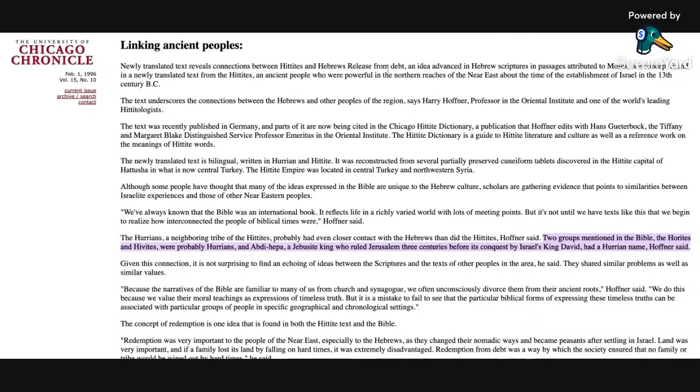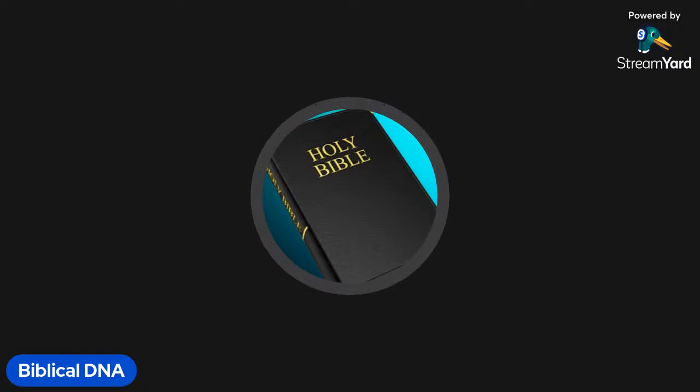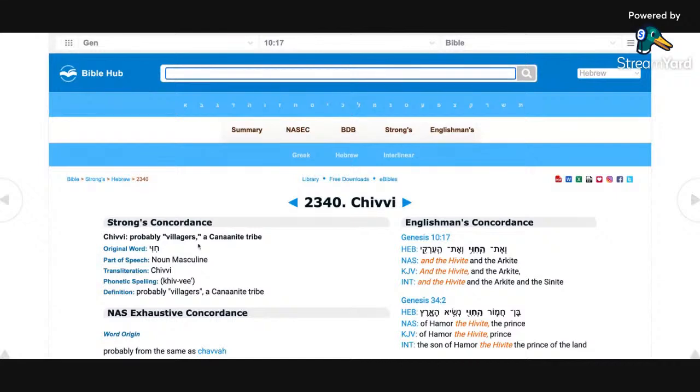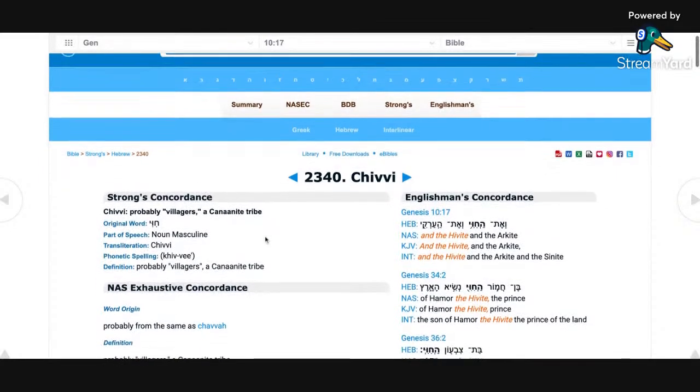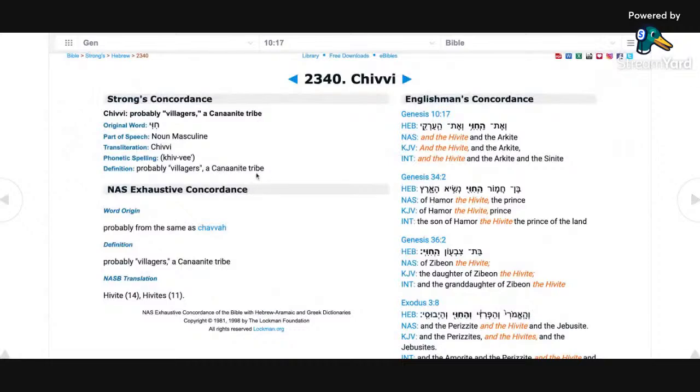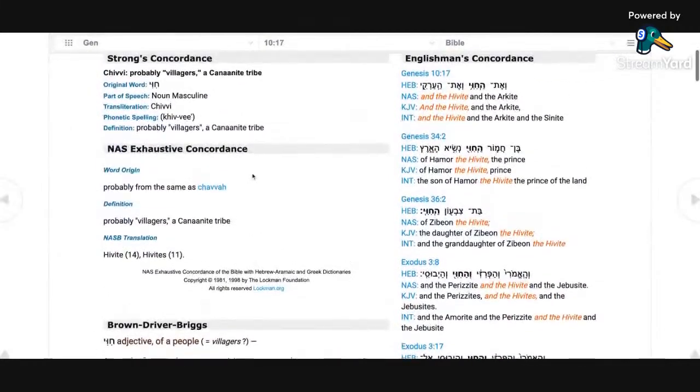So let me see if I can share my screen to Bible Hub so we can see exactly who these people are. So as we can see, the Hivites were a Canaanite tribe, descendants of Canaan.